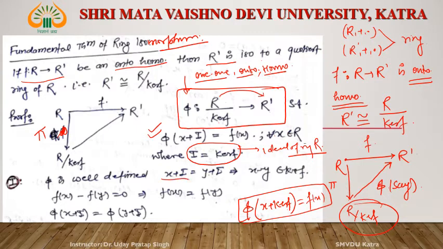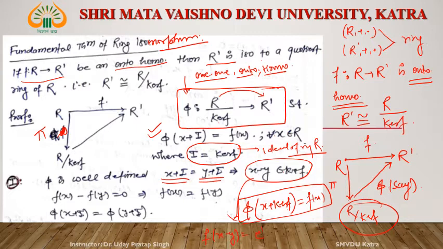See, x plus I is equal to y plus I. Then x minus y belongs to kernel of f, that is, x minus y belongs to I. If x minus y belongs to kernel of f, then f of x minus y is equal to the identity of R prime.